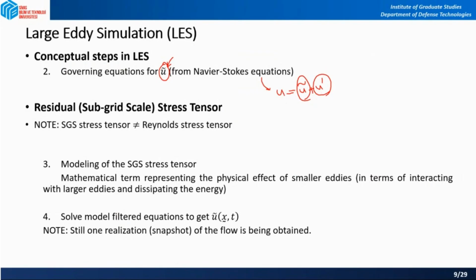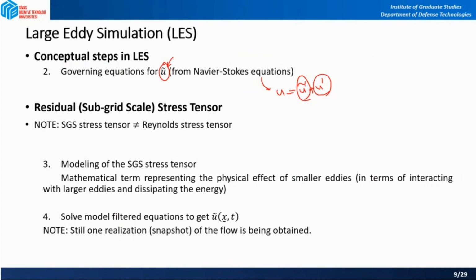Again, you can compare it with RANS. It reminds you of the RANS derivation, but physically we are representing something else. In fact, I will shortly show that the stress definitions are completely different in LES and RANS.